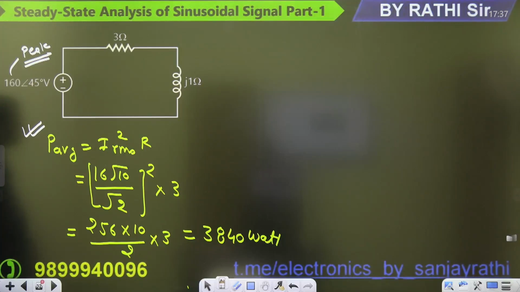Power calculation is clear with the RC circuit and RL circuit.